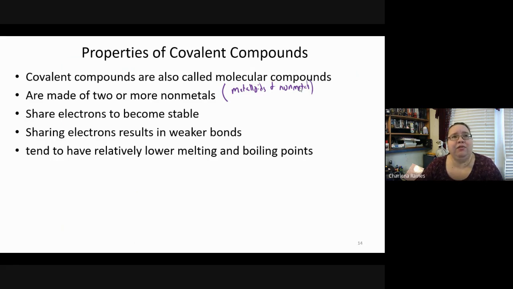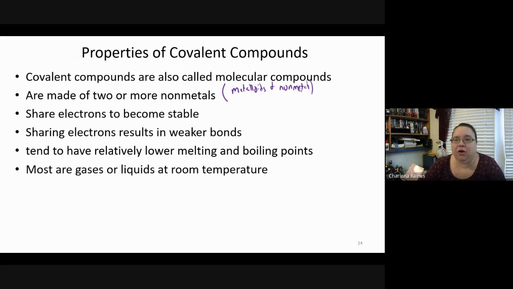So I don't know if you've ever played with Crisco or seen bacon fat. Once it's at room temperature, it's just kind of like goo. It's a solid, but it's gooey. Well, that has a bunch of covalent bonds in it. It's a bunch of carbon and hydrogen bonds.